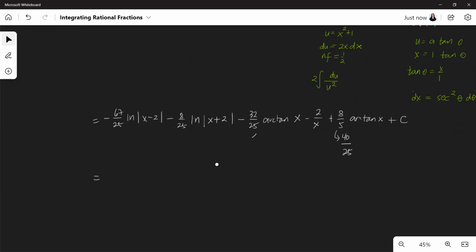So negative 67 over 25 ln of x minus 2, minus 8 over 25 ln of x plus 2, and then plus 8 over 25 arctangent of x plus c.